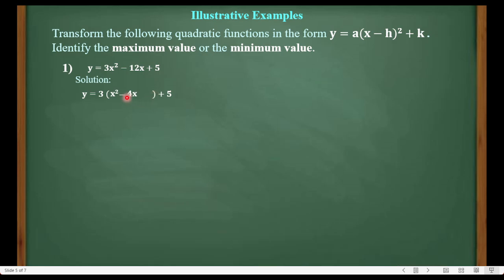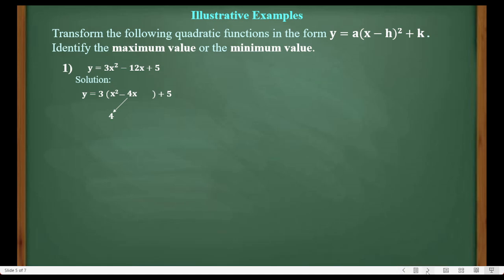Because we are trying to make this expression inside the parentheses a perfect square trinomial. So we need to add the third term to make this expression a perfect square trinomial. In this case, the missing third term will be taken from the coefficient of this term, and that is 4.